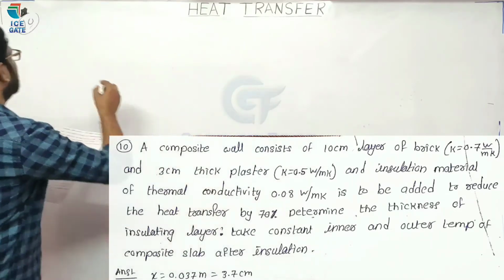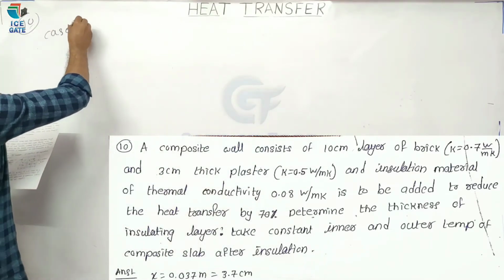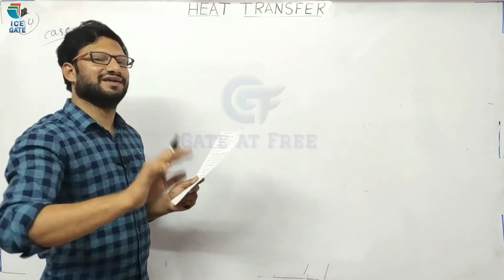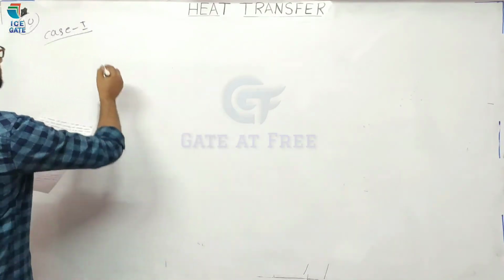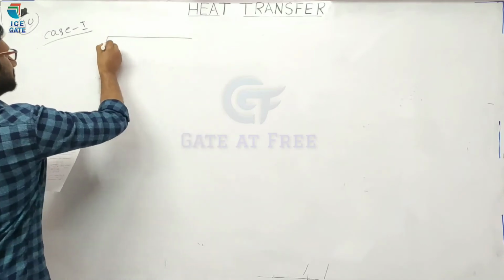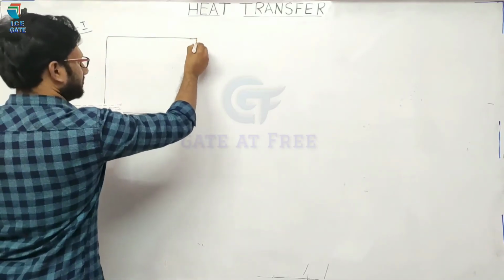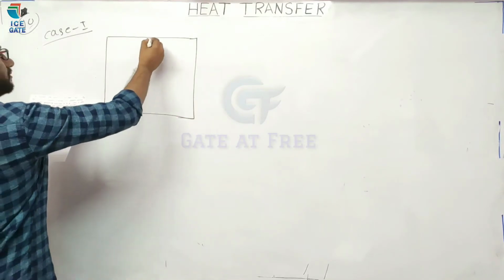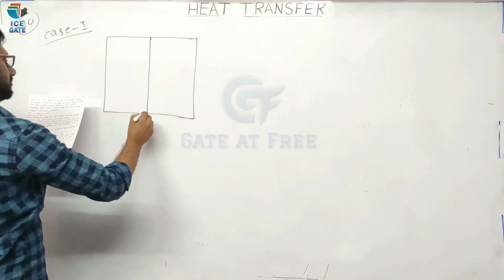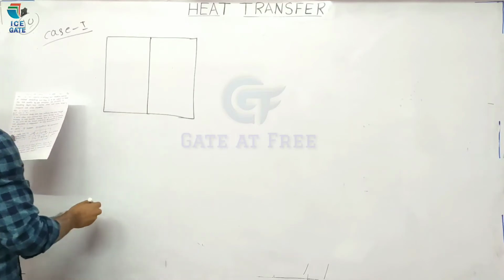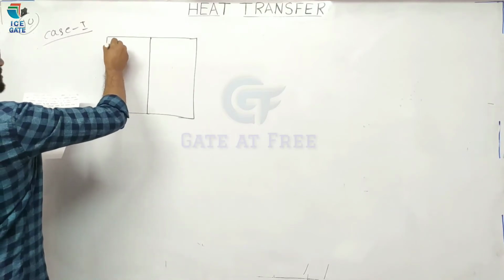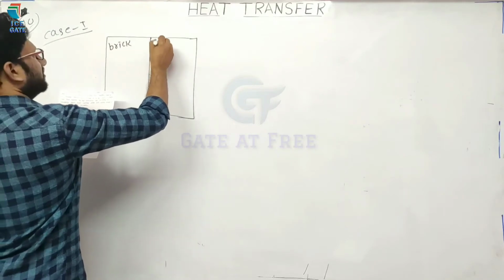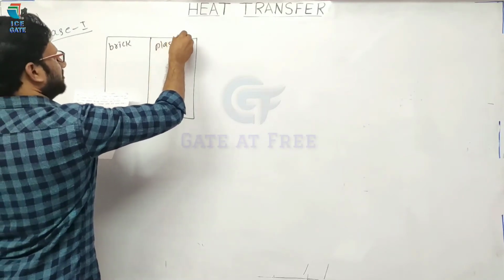Now in this question we have to take two cases. Case 1 is without insulation, case 2 is with insulation. Now in case 1, the wall having brick and plaster.